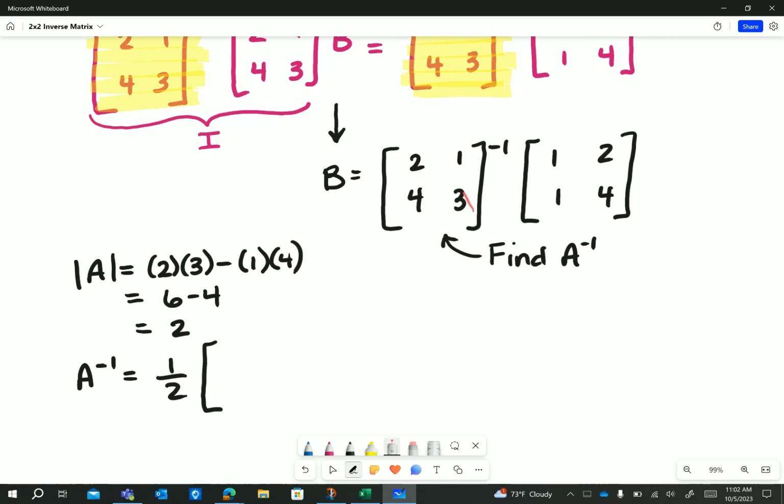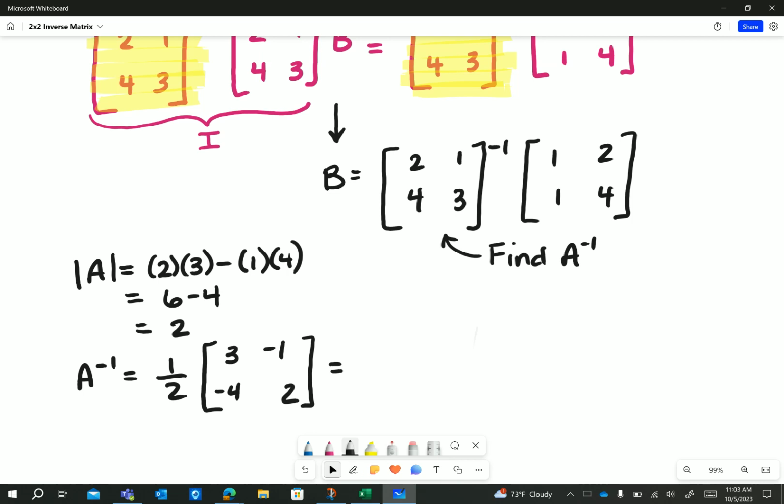And let's go do the switcheroo of that. So 3 goes up here, 2 goes down here, and then I need to switch the signs. So positive 1 becomes negative 1, and positive 4 becomes negative 4.